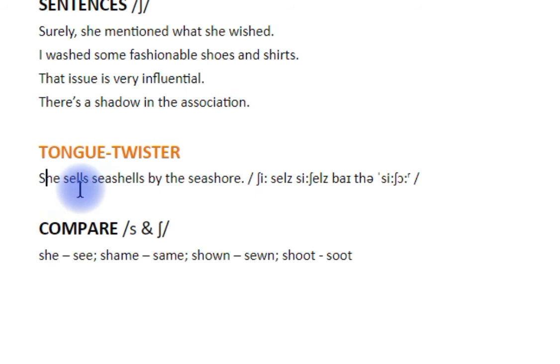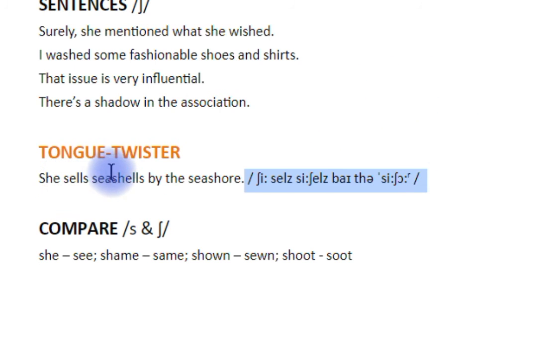So we have a combination of S and SH sounds. First, you can see the transcription here, you can do it slowly, and then slowly pick up your pace, do it faster. She sells seashells by the seashore.